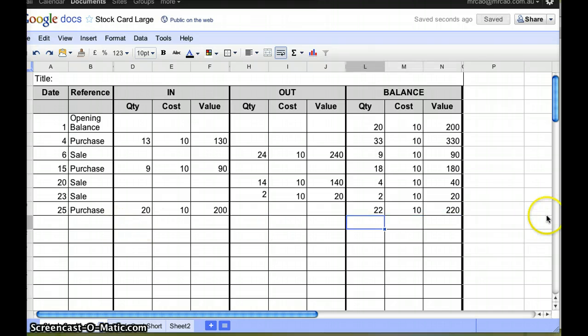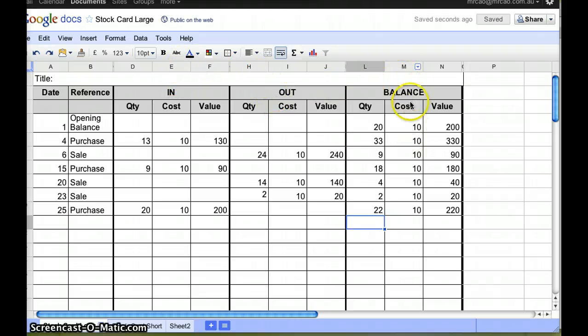So this is quite a simple, actually a very simple example. Hopefully you'll be able to follow along at home. The important features are: when we purchase items, we record it in the in column. Whenever we sell things, we record it in the out column.